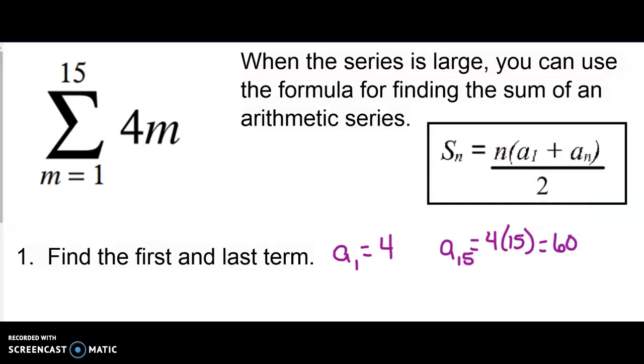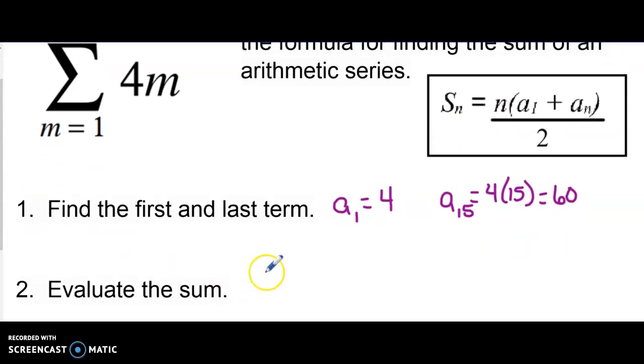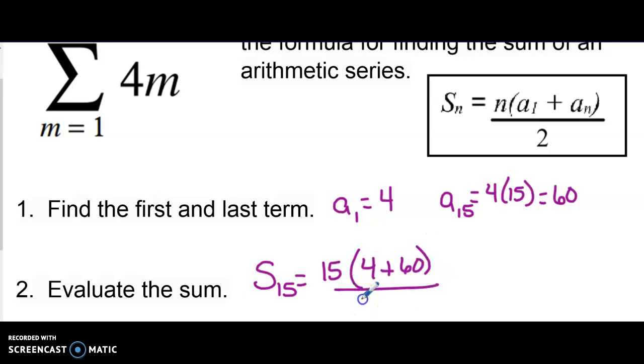So if I plug that into my formula here, S sub 15 is going to be, excuse me, not 4, 15. That's my n value. 15 times my a sub 1 value plus my a sub 15 value, which is 60, all divided by 2.